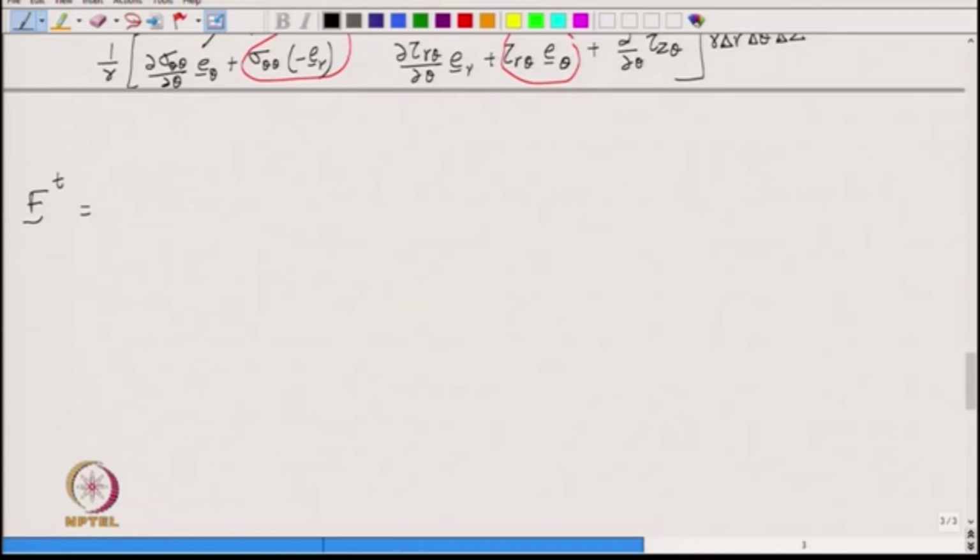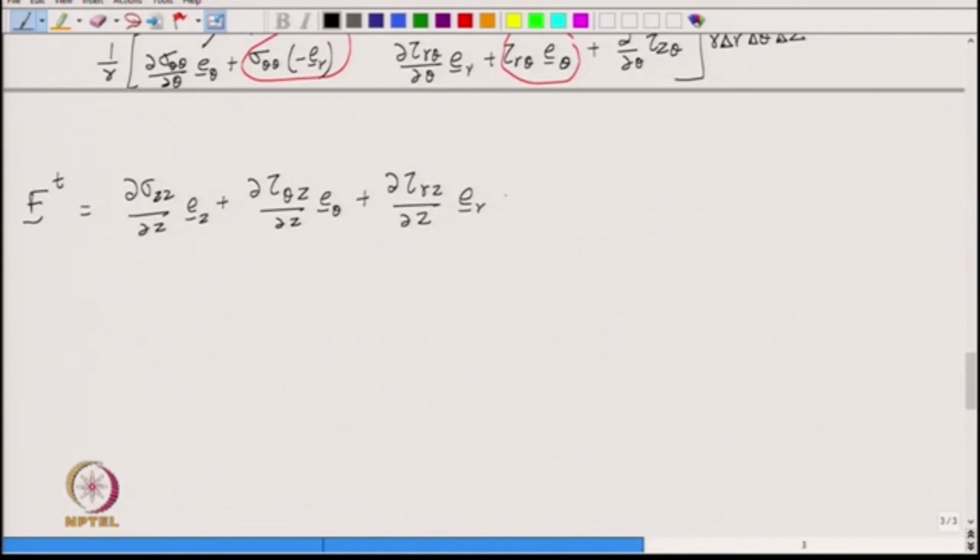So, I am just going to write it here, del sigma z z by del z E z plus del tau theta z by del z E theta plus del tau r z by del z E r, and the whole thing is multiplied with the volume, that is everywhere.